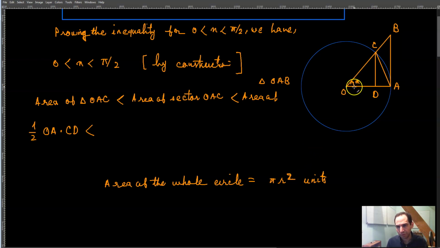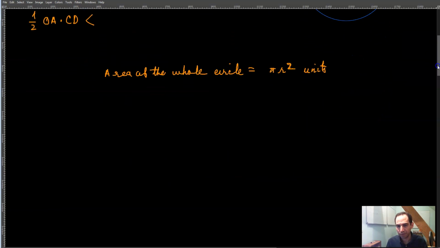So for example, if you had a circle over here, and this is the center, and this is the radius, then 1/4 of the circle, which is a 90-degree angle, the whole area of the circle would be pi r squared.